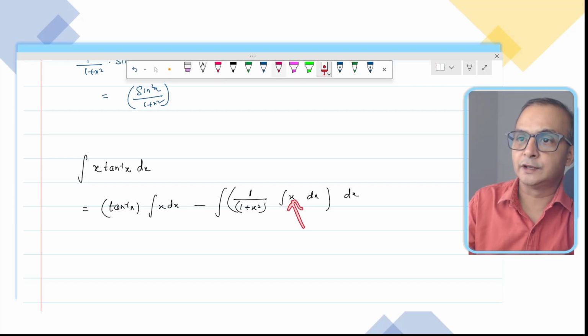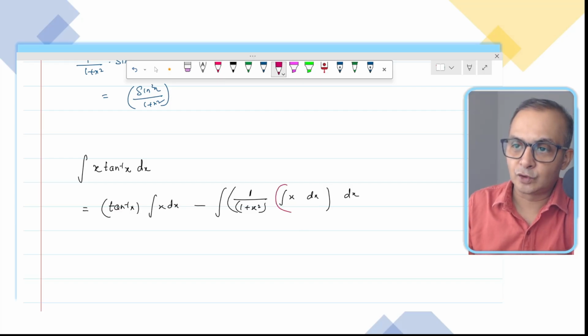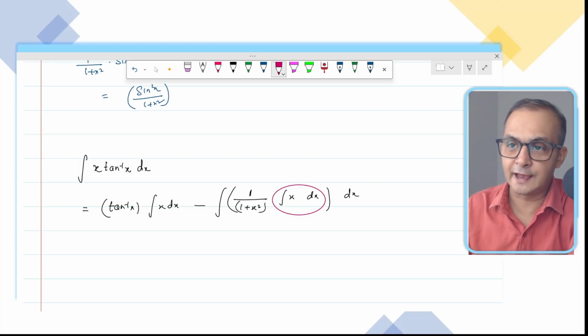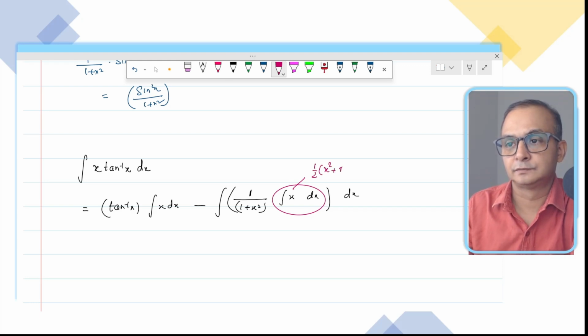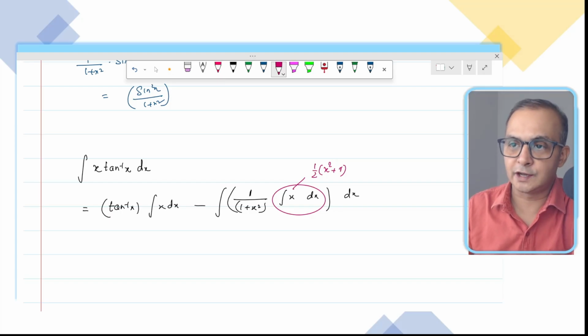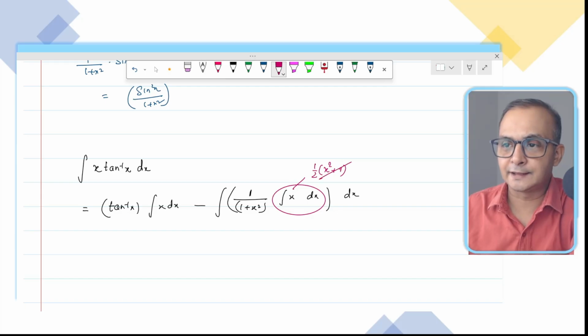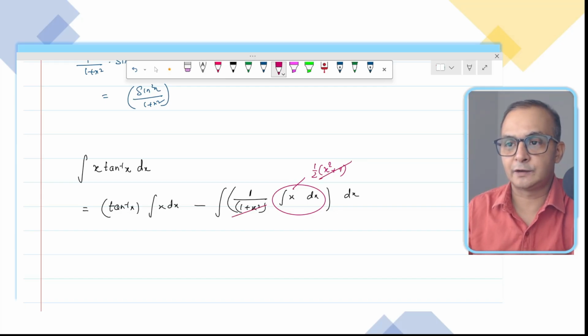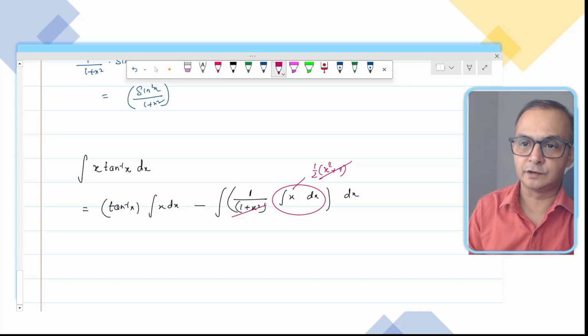So at this whole thing, I'm identifying a function whose derivative is x as half of (x² + 1). And why I'm doing so? Because once I write this whole integration as half of (x² + 1), I can cancel this (x² + 1) directly. And so I don't have a further big integration.